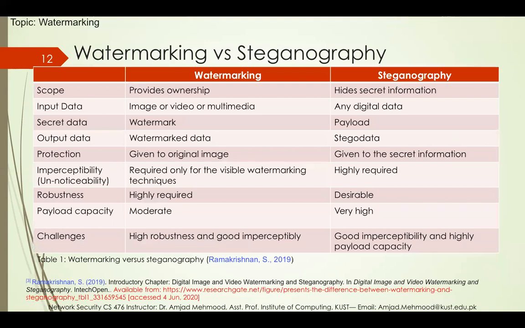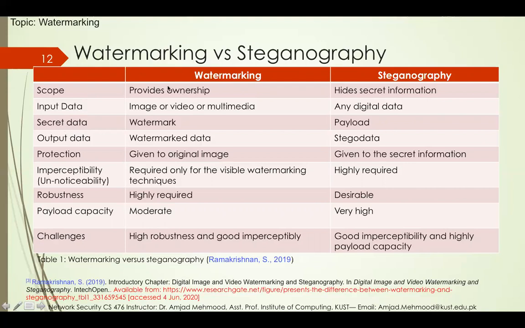This slide shows a comparison between watermarking and steganography. The scope of watermarking is to provide ownership, whereas the scope of steganography is to hide secret information. The input data to watermarking is an image, video, or multimedia, whereas the input data to steganography is any kind of digital data.